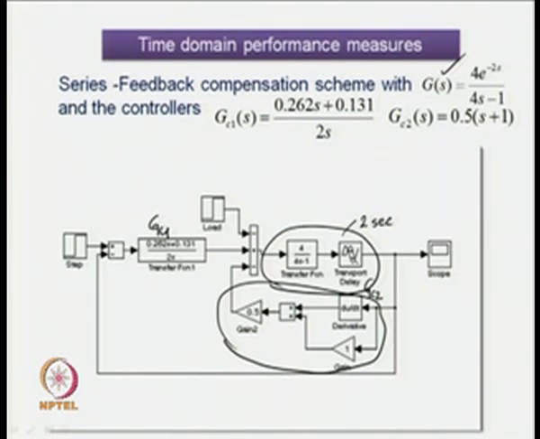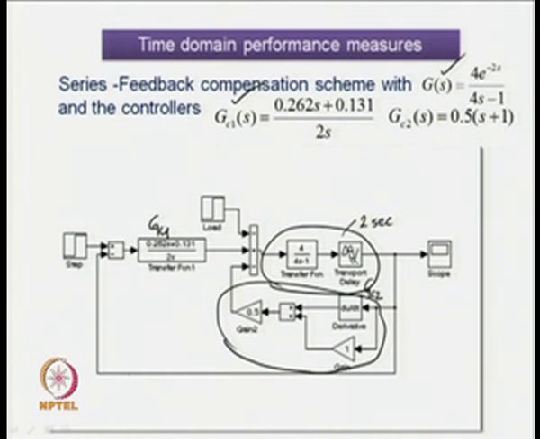Let the feed forward controller have the transfer function GC1(s) given as (0.262s plus 0.131) upon 2s, and the feedback path controller GC2(s) having a gain of 0.5 with a derivative controller given as s plus 1, where the derivative time constant Td equals 1 second.